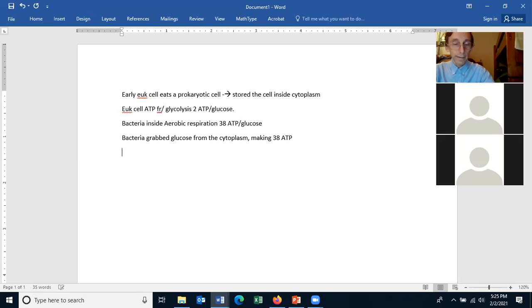For whatever reason, the bacteria released some ATP to the eukaryotic cell. Probably what happened was back then life was very early and the ATP probably, we don't really know, was released by accident.